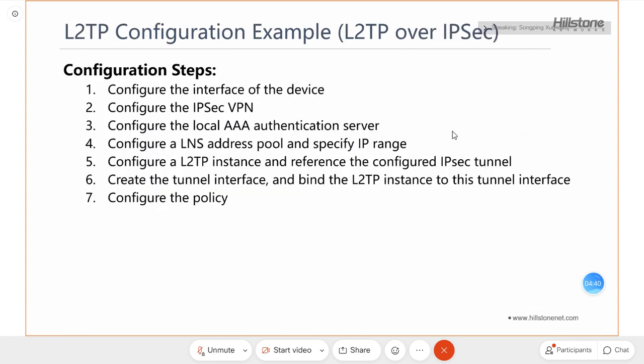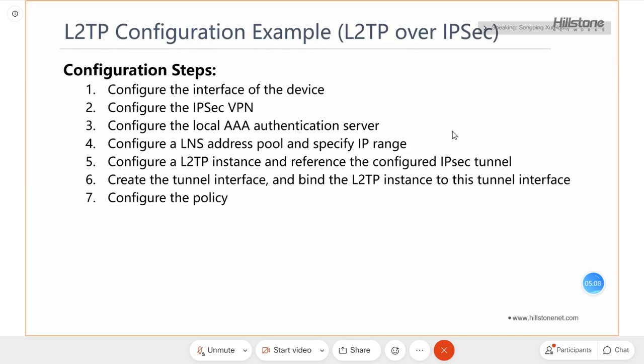Here is the configuration for L2TP over IPsec. First of all, you need to configure the basic interface of the firewall, and then configure the standard IPsec VPN. Then you need to configure the local AAA authentication server, configure the LNS address pool, and add the IP range to this address pool.